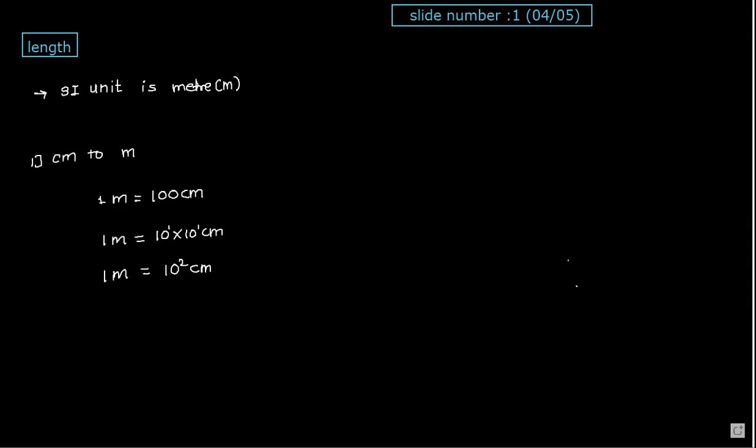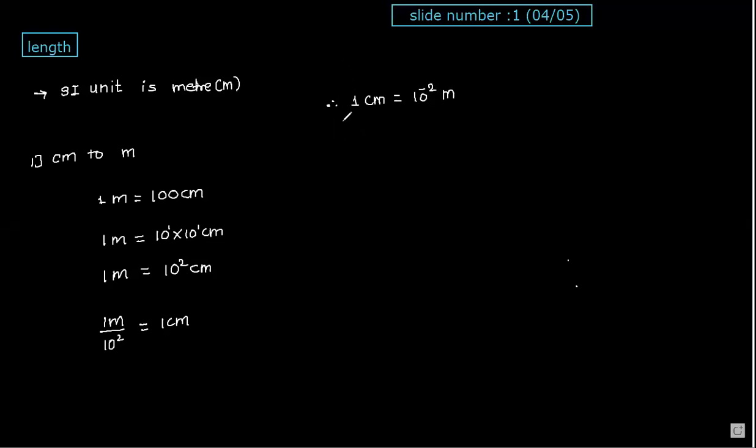Now if I am transferring this here, 1 meter divided by 10 power 2 is equal to 1 centimeter. Now this is at the denominator. When I am transferring it to the numerator, what will you get? 10 power minus 2. Therefore 1 centimeter is equal to 10 power minus 2 meter.